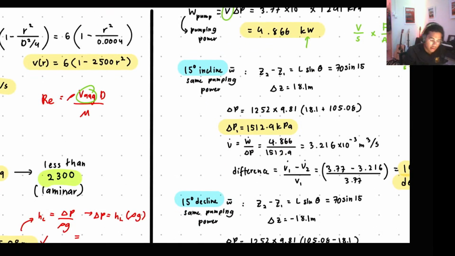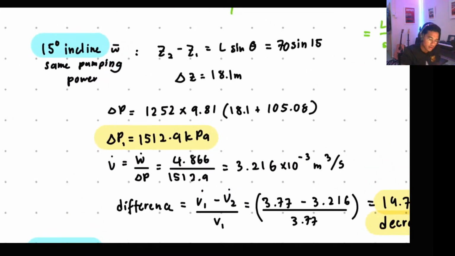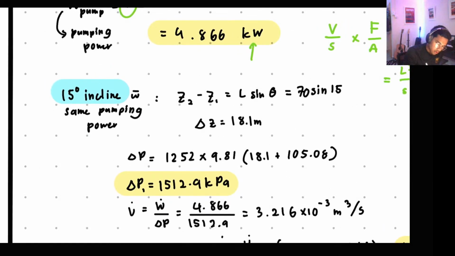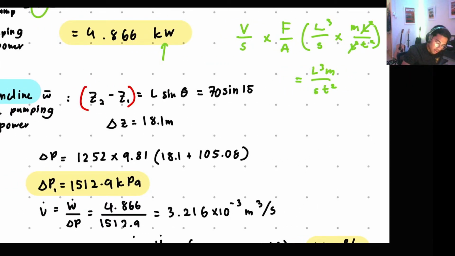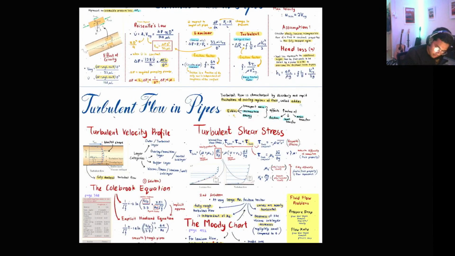So sekarang ni tanya, what is the flow rate percent increase if the theta is 15. So right now we want to see the difference in elevation. Okay, remember the total head loss is equal to the difference in elevation plus head loss.